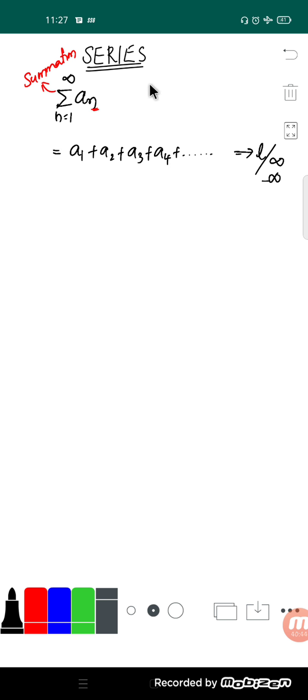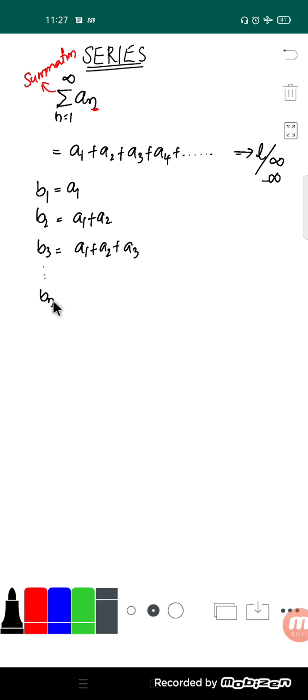So how is a series related to a sequence? We take finite sums. The first term we take is a1. Let's say we define a sequence like this: b2 is a1 plus a2, b3 is a1 plus a2 plus a3, and so on.